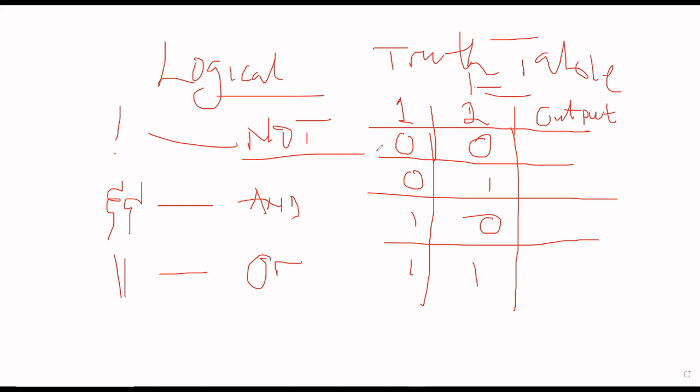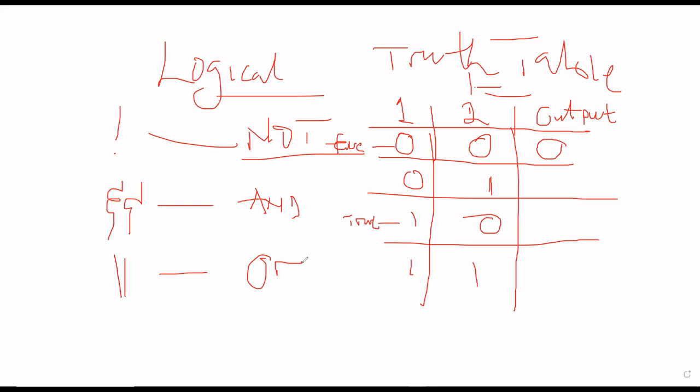If I say 0 and 0, this will return me 0. Now 0 in computer means off, 1 means on. At times we can say this is false and this is true.